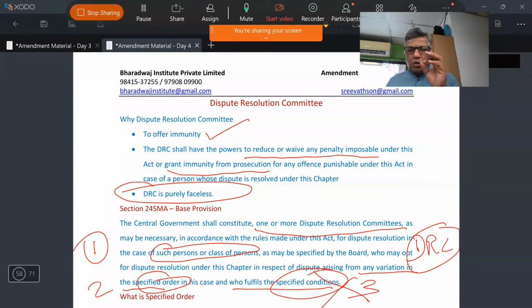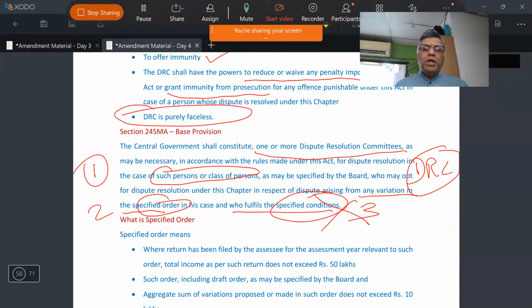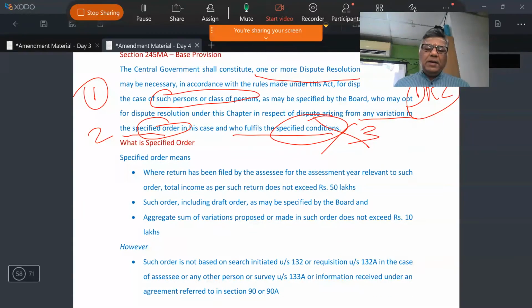Okay, so we will answer who is a specified assessee. Specific condition, it's enough if you see the material. Who is a specified assessee?